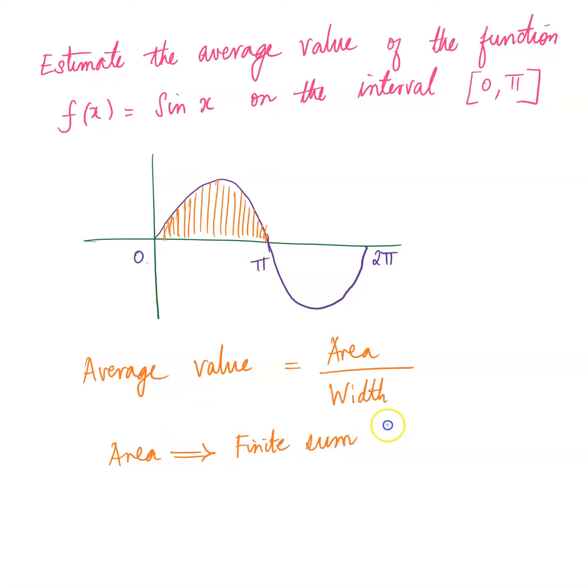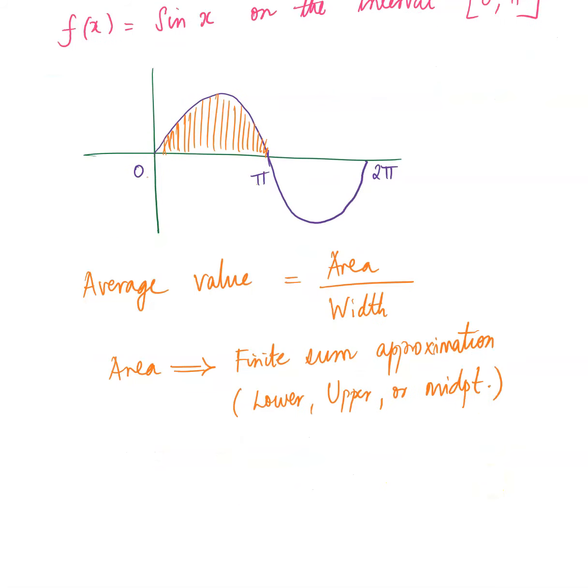That's the language for it, meaning constructing rectangles. For that, we could do lower, upper, or midpoint, one of these three. But remember, in any of these methods, it became very close to the true value only when we kept our rectangles very thin, meaning the more rectangles, the better the estimate.